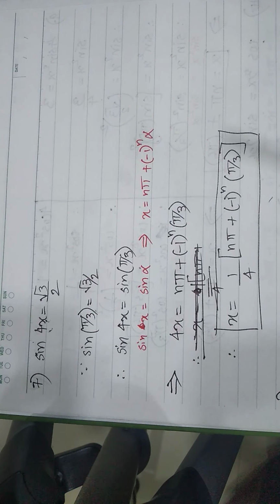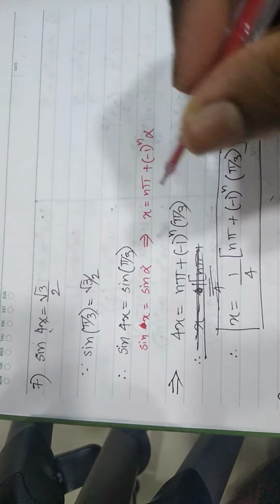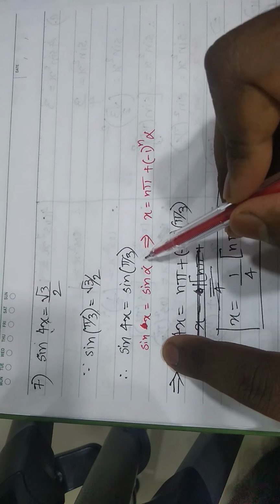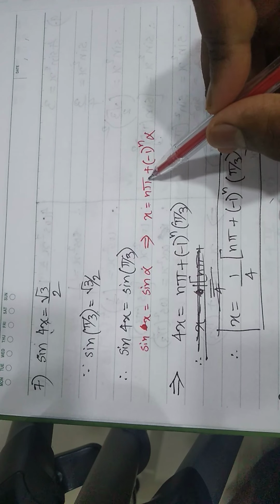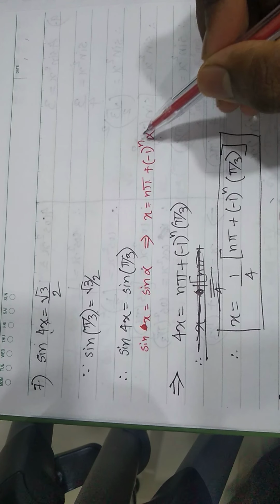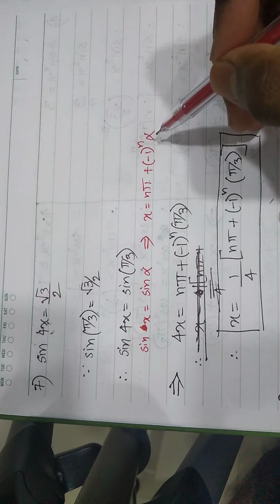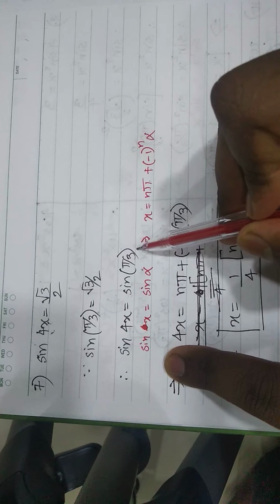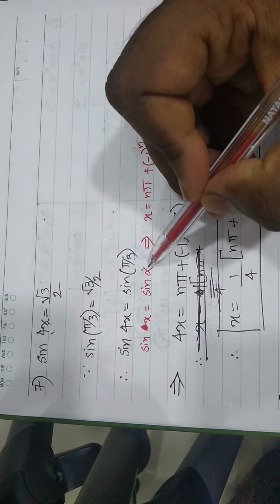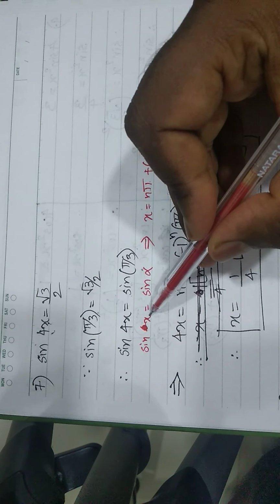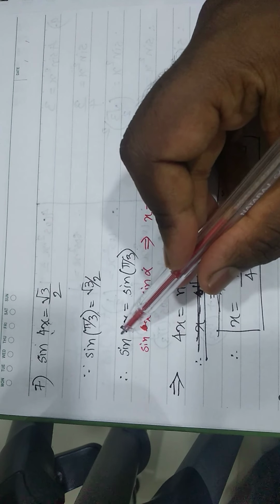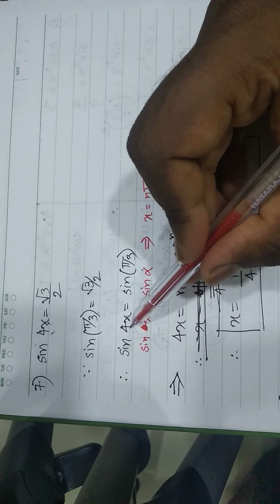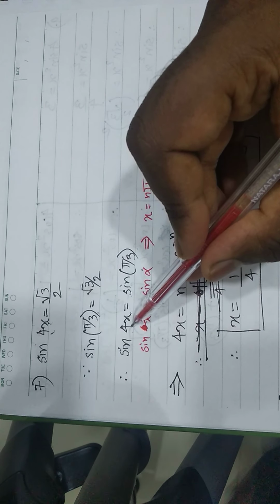Now please pay attention to what I'll be telling you. This is of the form sine x equal to sine alpha. What is the solution of this equation? It is x equal to n pi plus minus 1 raised to n alpha. This we are aware of. But we have sine 4x equal to sine pi by 3. So let's try to correlate. Alpha is pi by 3. X for us is 4x. The coefficient of x is 4, so that is very much part of our discussion right now.